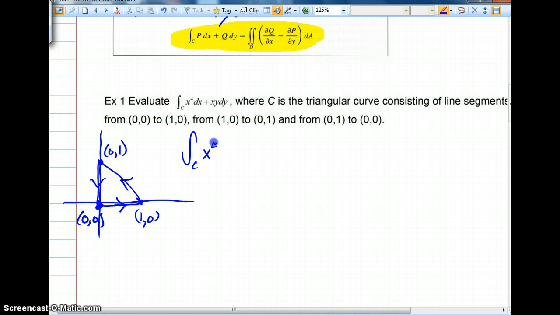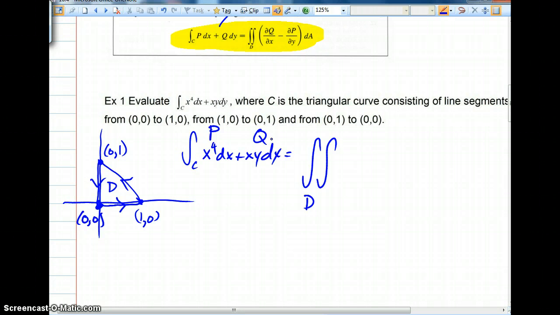How? Well, Green's theorem says that we can integrate this over that enclosed region D. Here's my function P, here's my function Q. P is whatever function is in front of dx, and Q is the function with the dy.